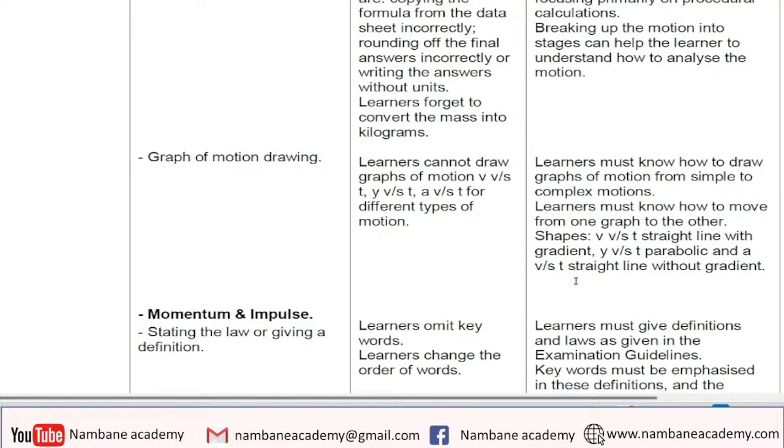When we draw the graphs of motion, firstly, let us talk about the shape of the three graphs that we listed earlier. Velocity versus time graph is a straight line graph with a what? With a gradient. Meaning it must have a steepness, it can't be a horizontal line.